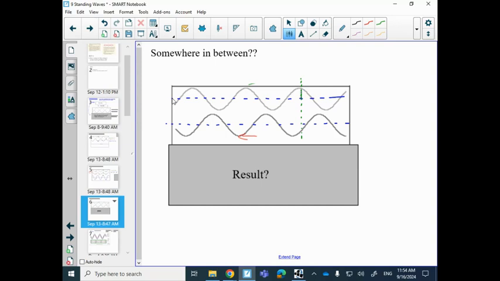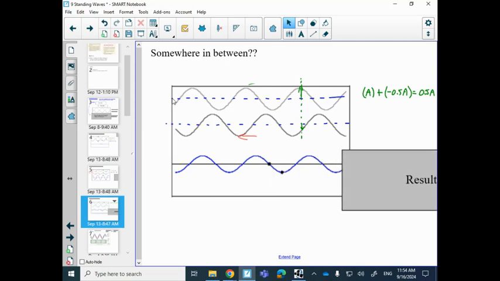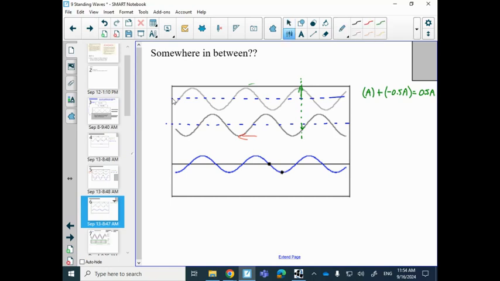We're looking at a full amplitude, and it's adding to maybe half down, so negative 0.5 amplitude. You can see you're going to end up with about half an amplitude up. And if you analyze all the different spots along the way, you'd end up with a result like that, where instead of full amplitude, we're getting half amplitude.